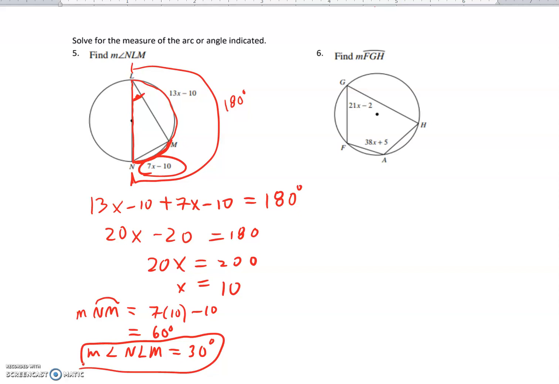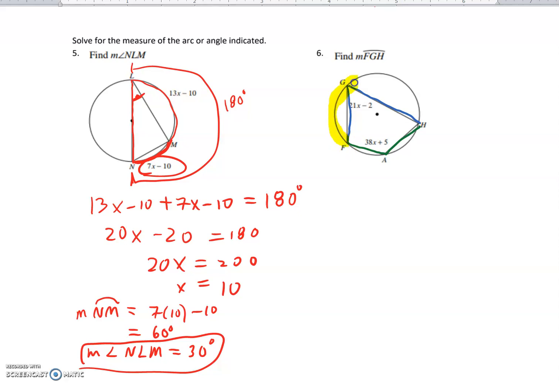Now for the next one, this takes into account that for a cyclic quadrilateral, or we can just say it's an inscribed quadrilateral, what's true here is that when you look at the opposite angles, so here's one angle, and then here's another one, they have opposite intercepted arcs.